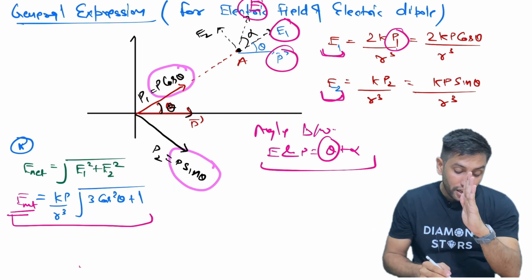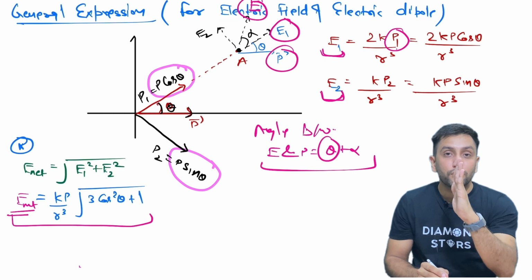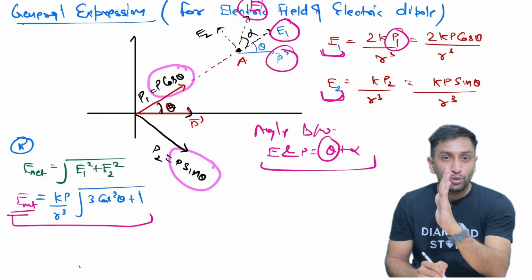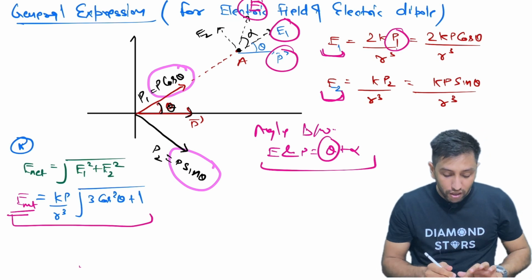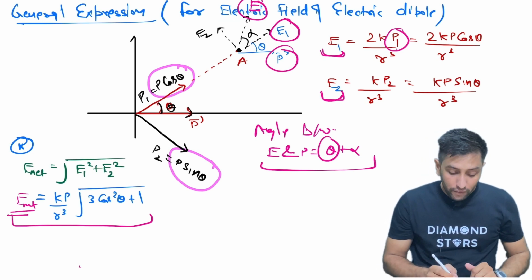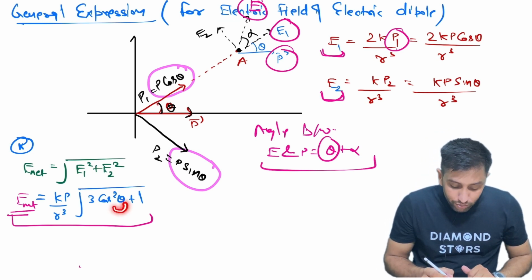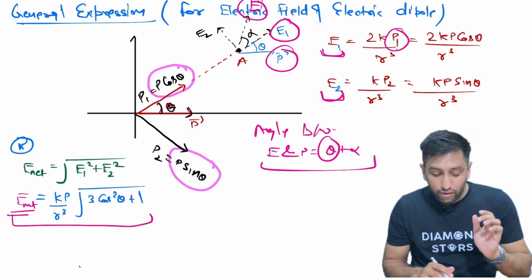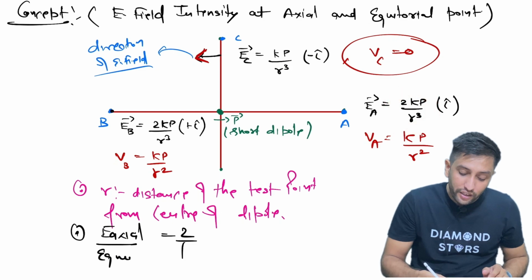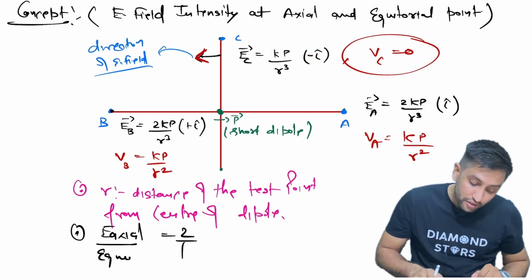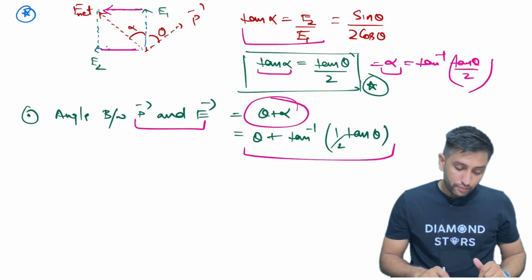Let me put the values of these angles. Theta equals to 0, that does mean axial line. Theta equals to 90 degree, that does mean the equatorial point. So let me put this here. You will have the same formula which we have written here. Okay, so that is 2 Kp by R cube and Kp by R cube. So that was a general expression for that.